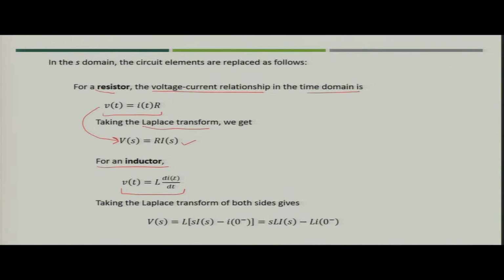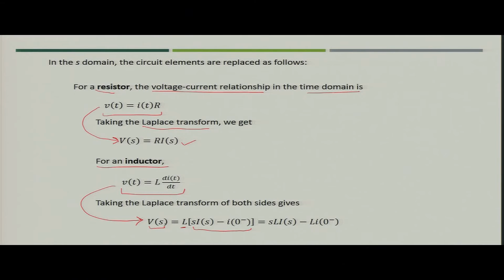We will convert this time domain equation for the inductor into the Laplace domain, that is S domain. v(t) will become V(s). L remains the same, being a constant, but for di/dt we will use the time differentiation technique. We get the Laplace transform of di/dt as s I(s) minus i(0).